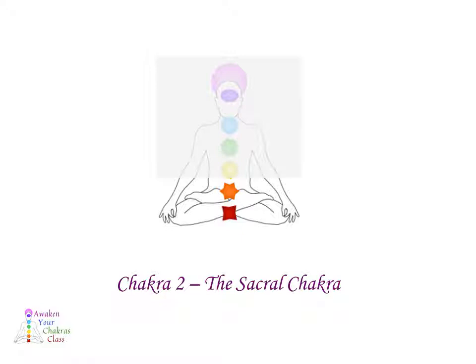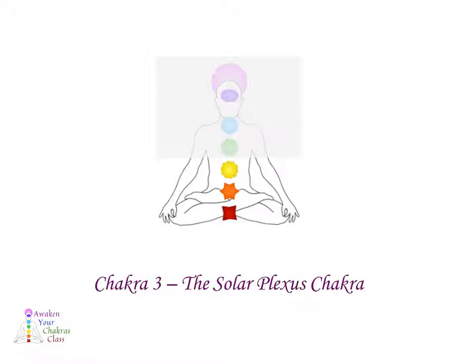There may be sexual addiction, emotional dependency, invading other people's space, not respecting boundaries, all those kinds of things. So this chakra is really about relationships and creativity and those kinds of things. So that's chakra number 2, the sacral chakra.